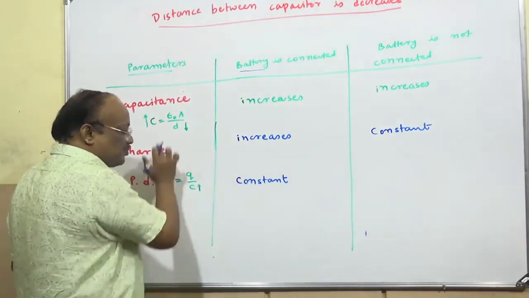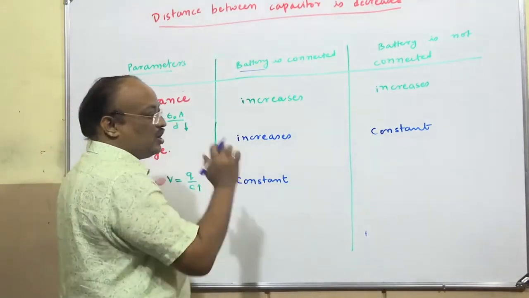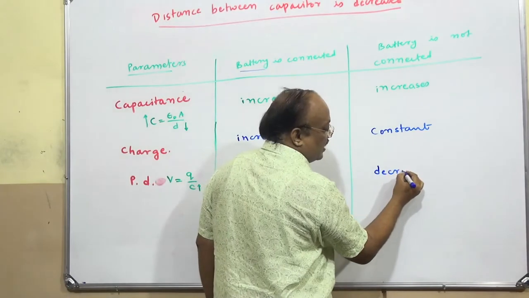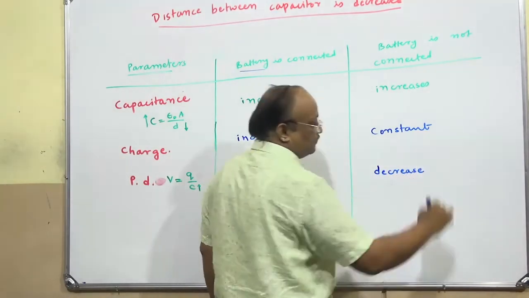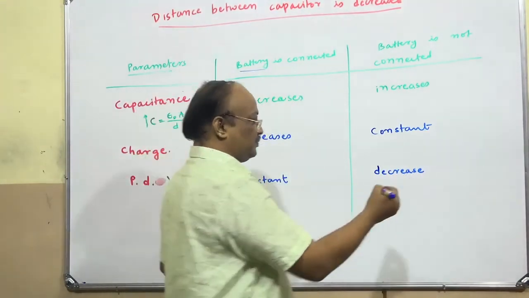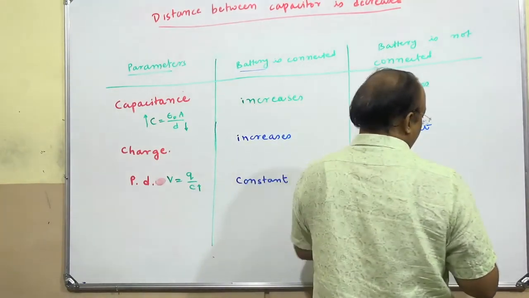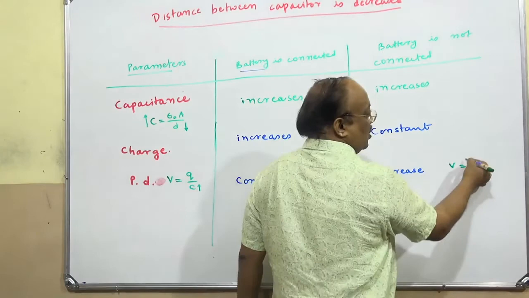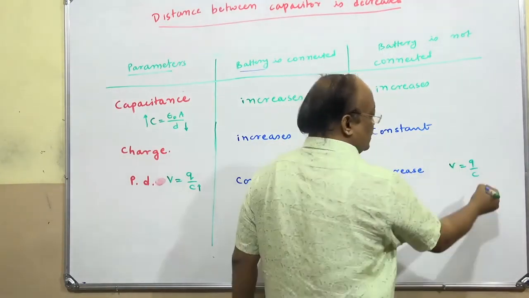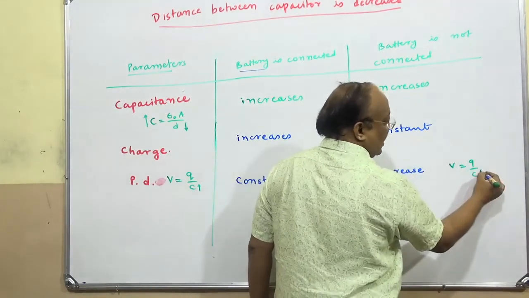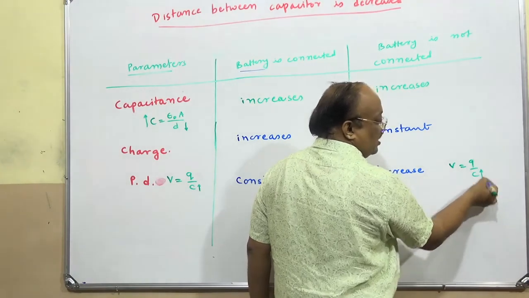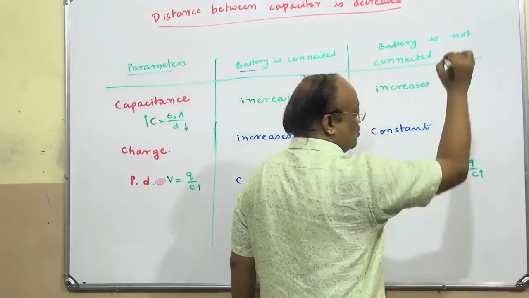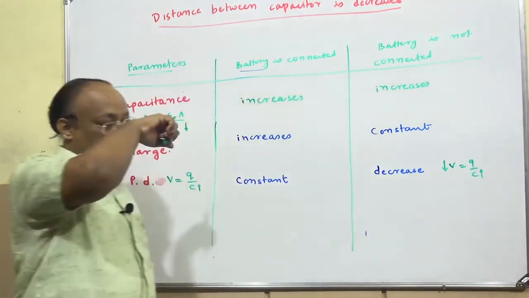C increases means potential difference has to decrease. Got it? So we have V is equal to Q by C. Q is remaining constant, whereas C is increasing. So because of that, V has to decrease.